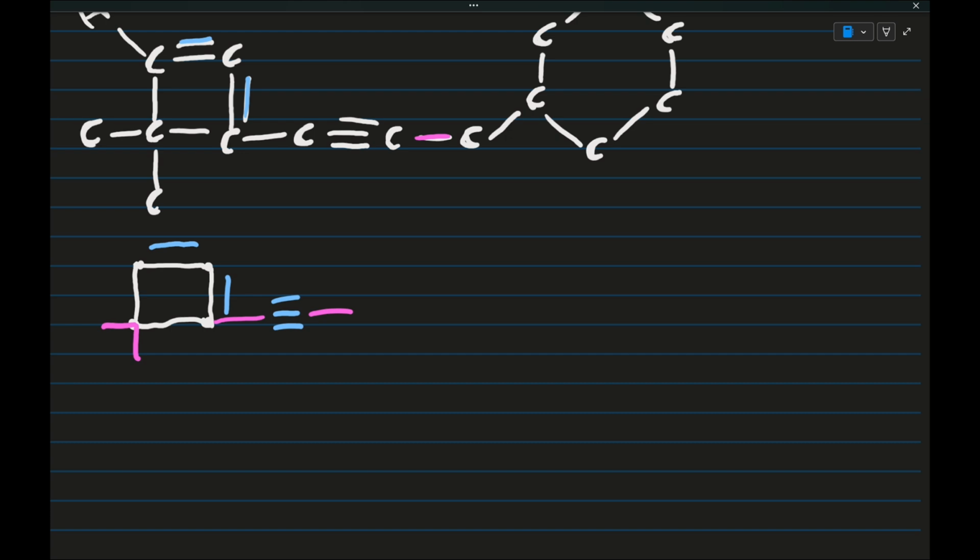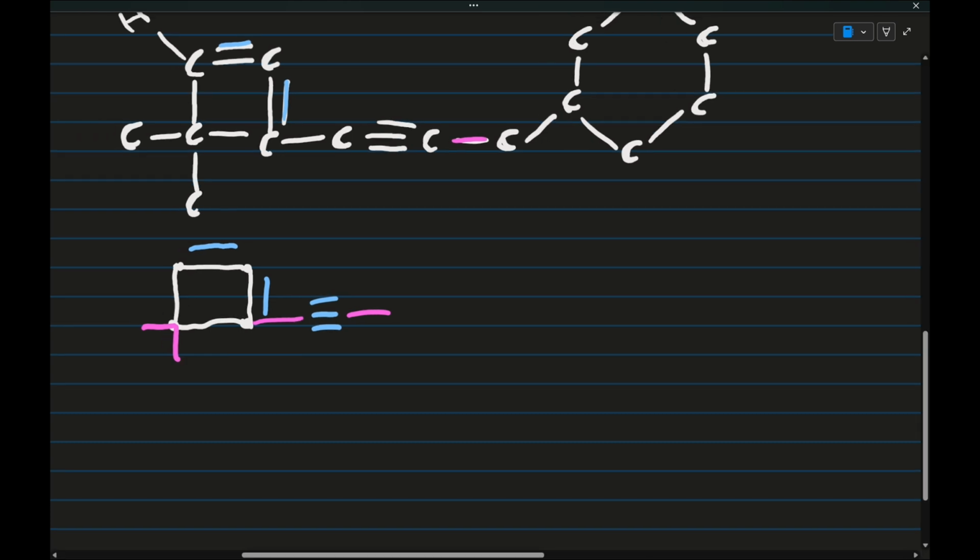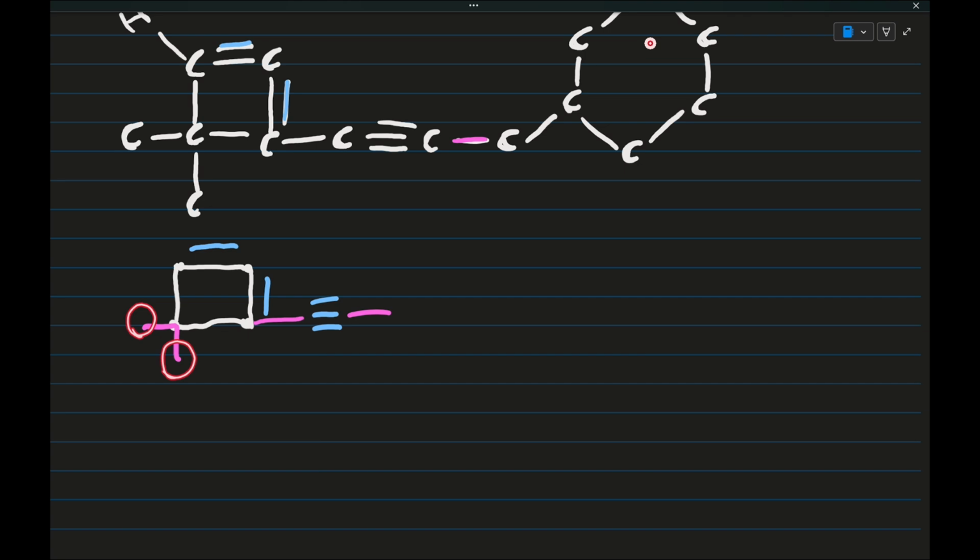However, at this point, you might be getting a little scared. To make sure you're doing it correctly, count how many carbons you have. 1, 2, 3, 4, 5, 6. And that's 1, 2, 3, 4, 5, 6. Then we have the carbon before the triple bond, the carbon after the triple bond, and this carbon will be this carbon.